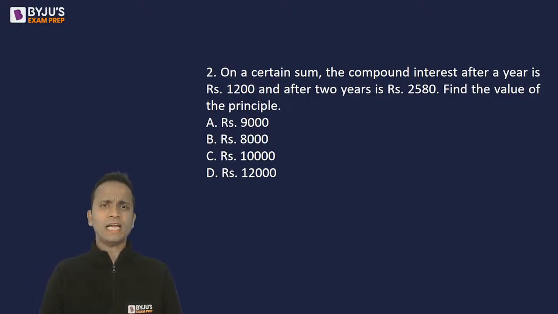Now to solve this question, I'll not be using any formula of simple or compound interest. I'll just use the basic principle of compound interest and the concept of percentages.